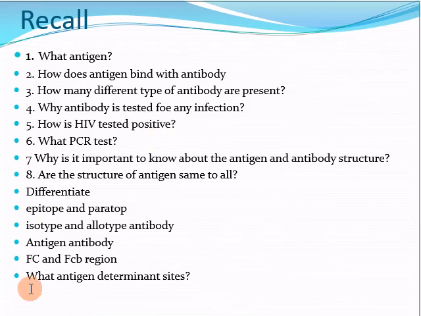Okay, and there are many more here. You may even be asked to differentiate between paratope and epitope, isotype and allotype, antigen and antibody.